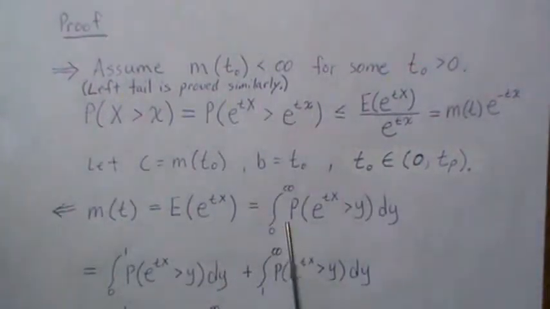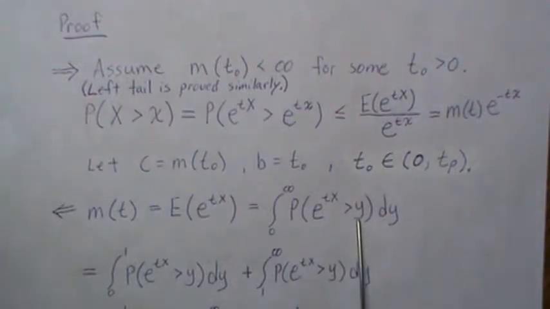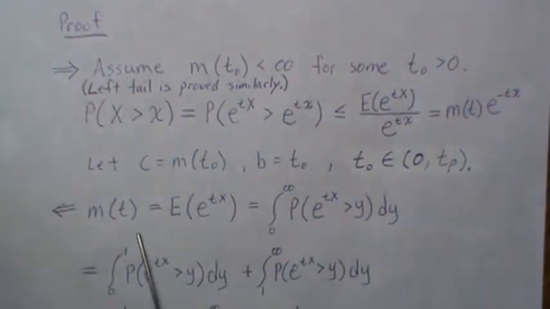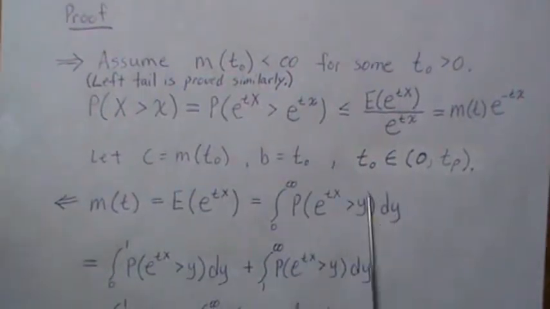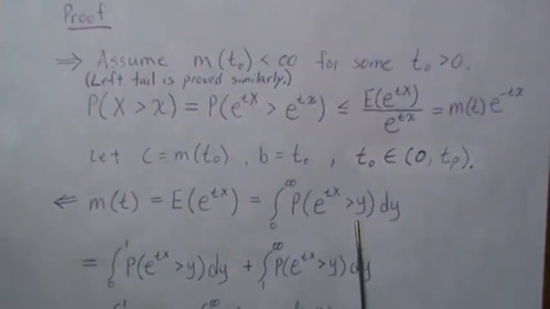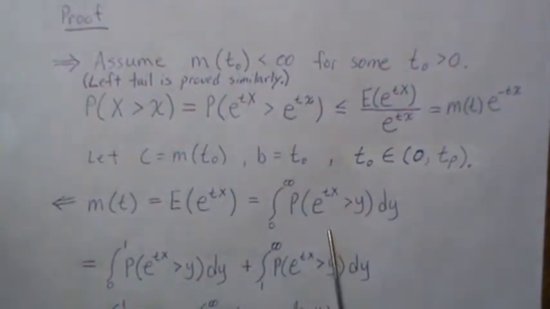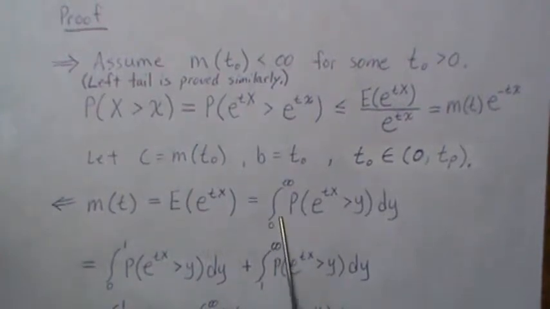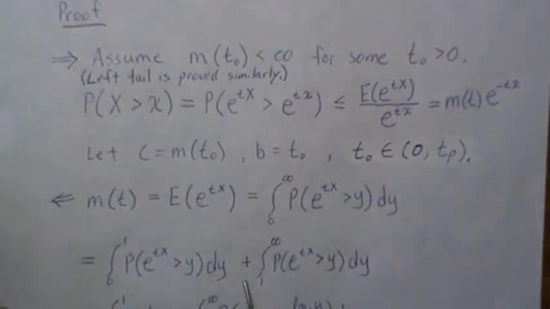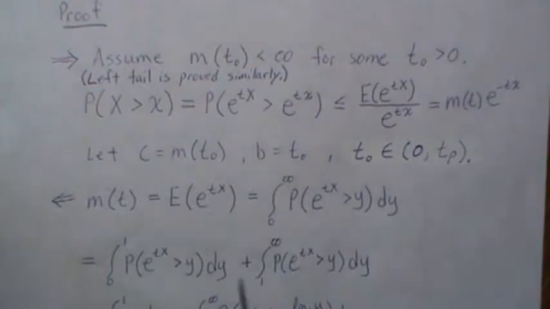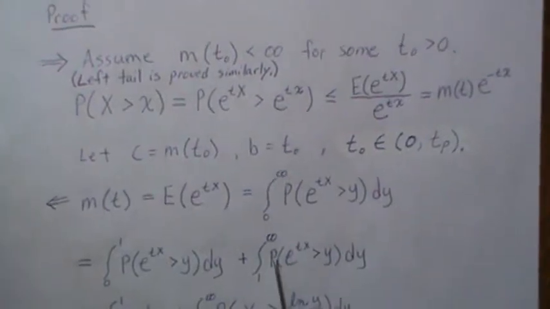So then we only need to consider the positive cases of y. And actually I have a video on this. You can search expected value in my videos. But we can break this piece into from 0 to 1 and 1 to infinity and look at it this way. This is equivalent to this.